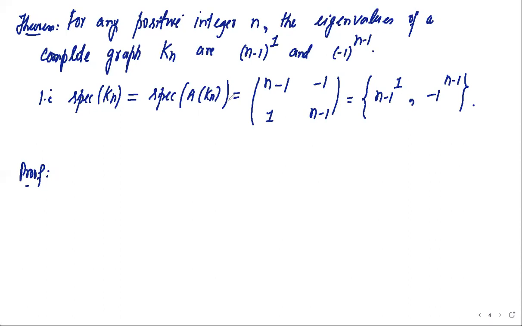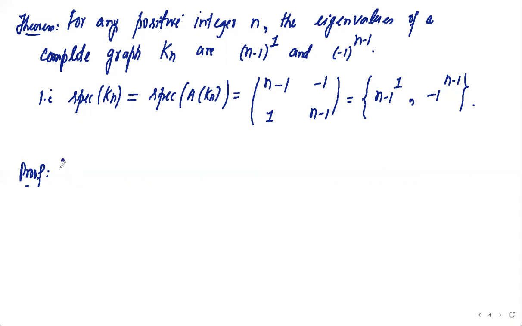Now by definition of a complete graph, there is an edge between any pair of vertices. If we look at the definition of the adjacency matrix, we have a 1 as the ijth entry if the vertices i and j are adjacent to each other. Otherwise, we have 0.